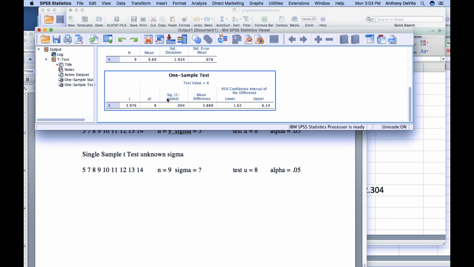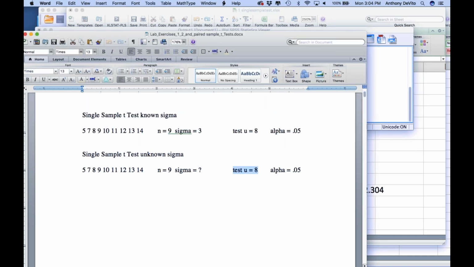In other words, the significance, or p-value we call it sometimes, is less than 5% or less than alpha. So in this case, it's 0.004, which is way less than alpha. So that confirms the t-test: the t-value is bigger than the critical value of t, and the significance, the p-value, is less than 5%. Both of them tell you the same thing: reject the null hypothesis.